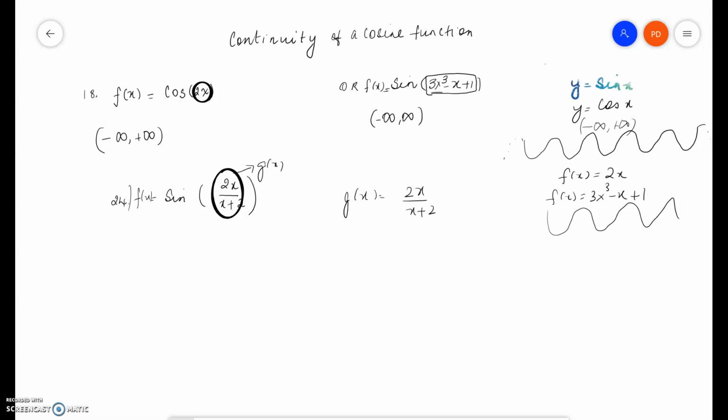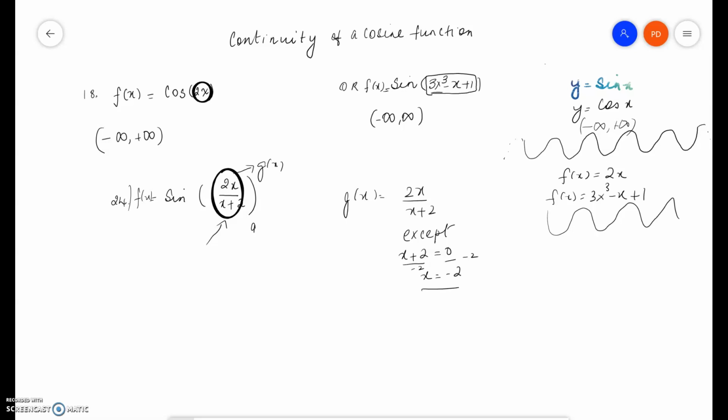Now, since the sine function is continuous, we only have to worry about the continuity of the function 2x over x plus 2. So the function 2x over x plus 2 is continuous everywhere except when the denominator x plus 2 is equal to 0. The denominator x plus 2 is 0 when x equals negative 2. Subtract 2 on both sides.